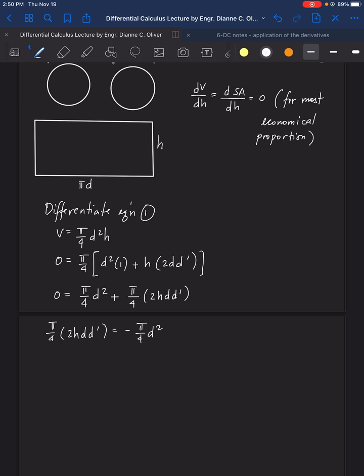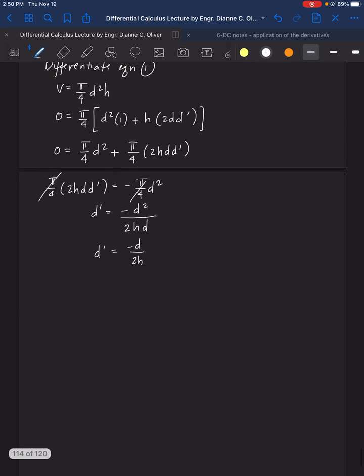Then cancel the pi over 4 there, and we have d prime equal to negative d squared all over 2hd, or d prime is equal to negative d over 2h.